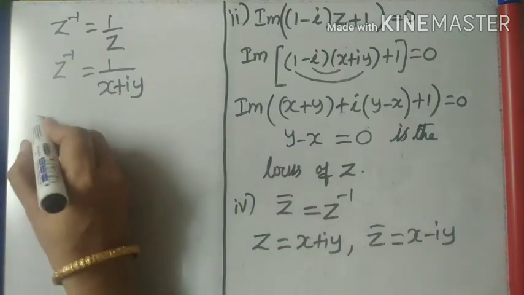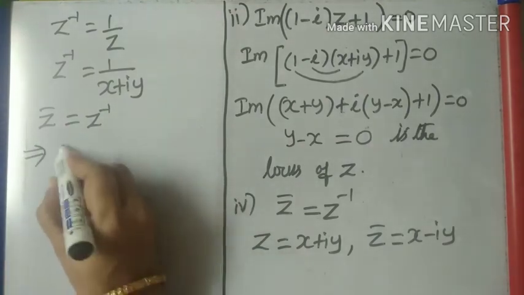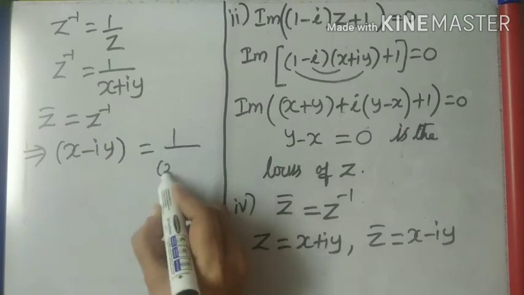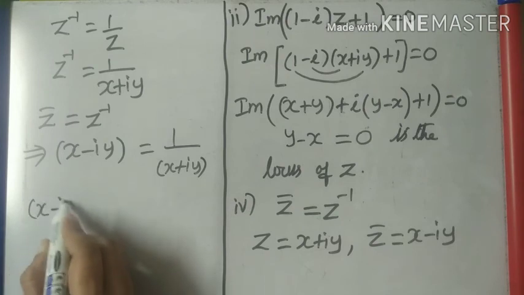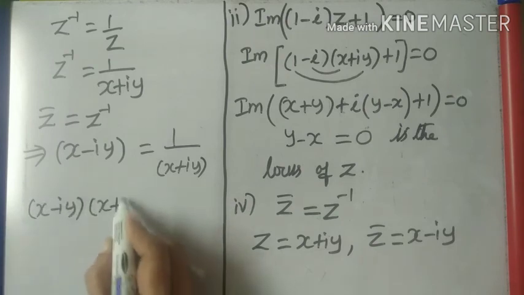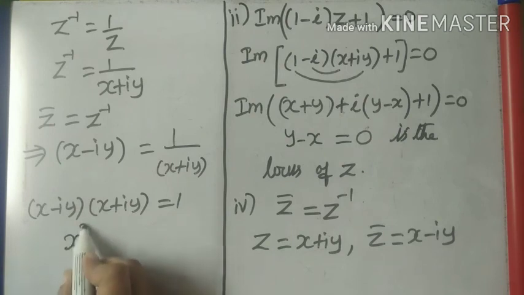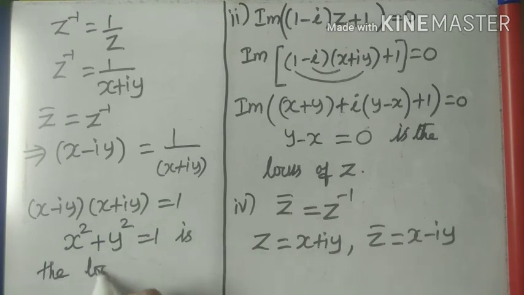Now from the given condition, z bar equals z inverse implies x minus iy equals 1 by x plus iy. Cross multiplying, x minus iy into x plus iy equals 1. So what format is this? a plus ib into a minus ib, which can be written as x square plus y square equals 1. And this is the locus of z.